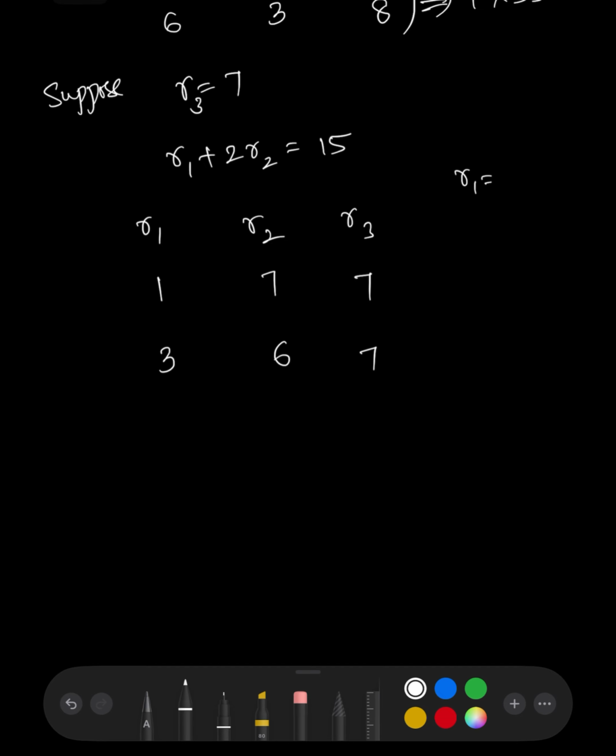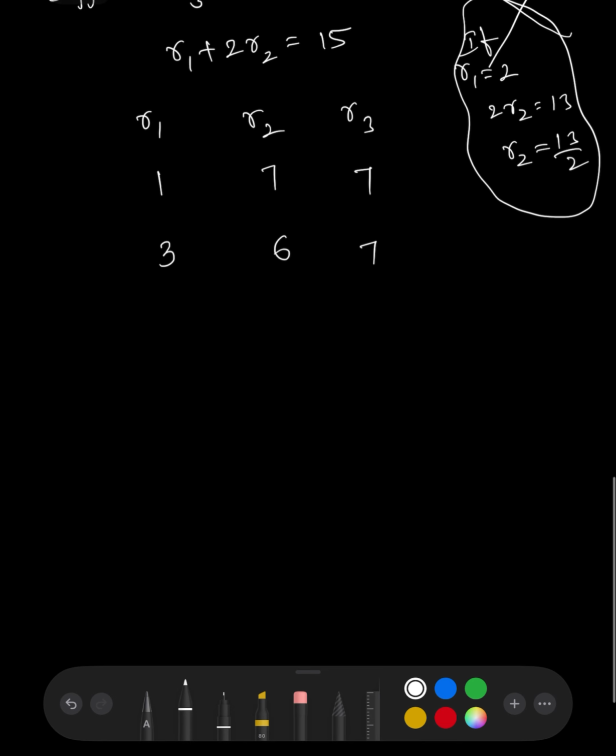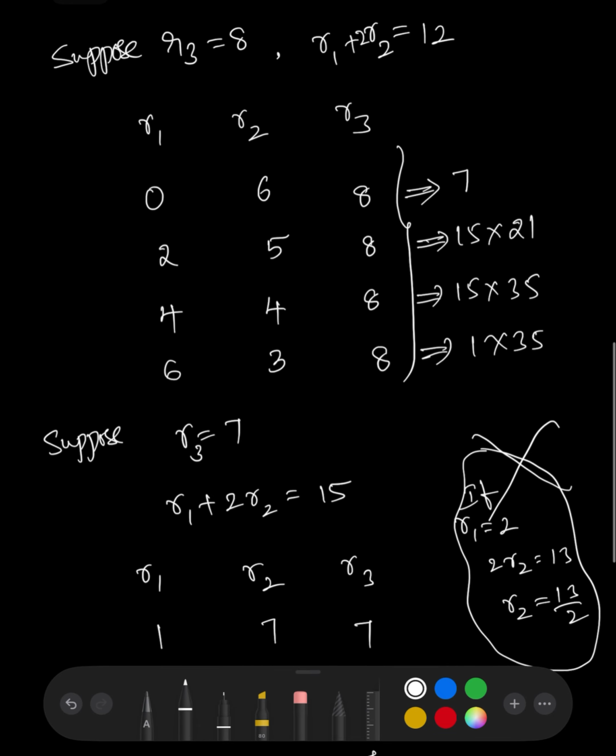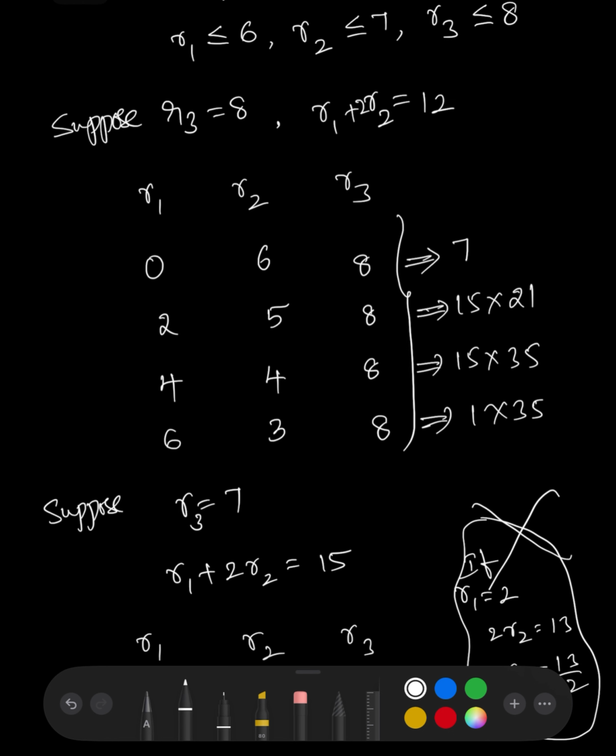If we consider r1 even, then r2 will be 13 by 2, which is impossible. For the other one I consider 0, 2, 4, 6. If I consider 1, 2r2 equal to 11, r2 equal to 11 by 2, which is impossible. That's why I didn't consider 1, 3, 5.